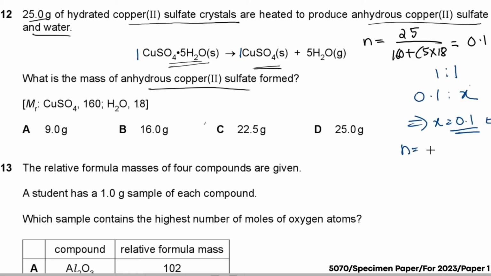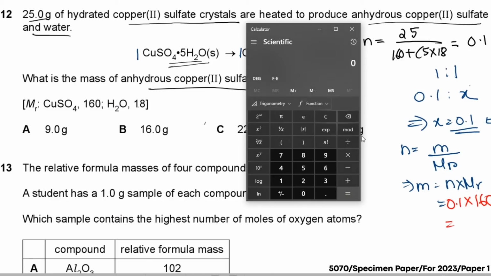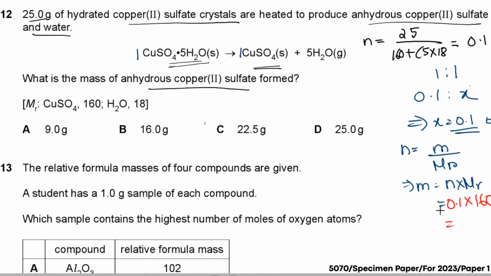Moles equals mass by MR, so mass is moles times MR. We write the moles, which is 0.1, and MR of copper II sulfate is 160. We're just going to take out the calculator again, 0.1 into 160, which is going to give us 16 grams.